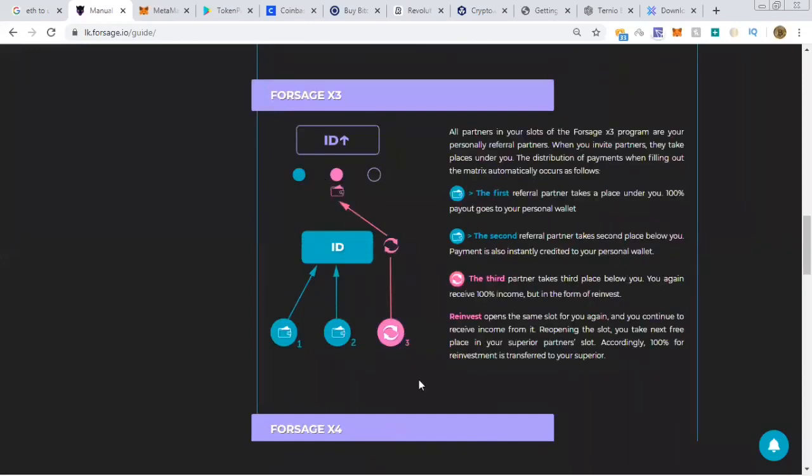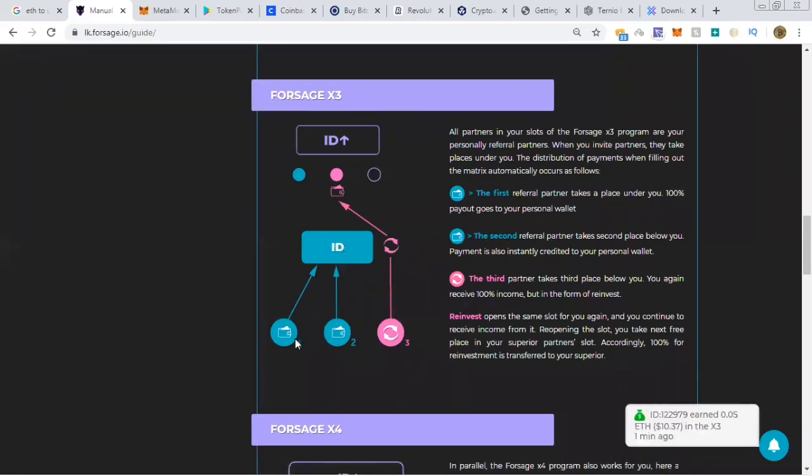A more clear breakdown of the way X3 works. Again, you can see that there are 3 positions underneath the income stream. On position 1, these blue dots represent income that is going directly to you instantaneously. There's no having to go into the platform to manually withdraw from the user interface.